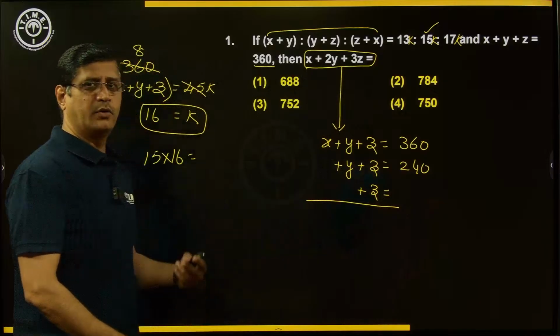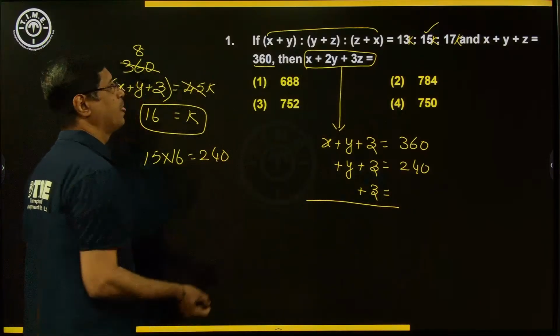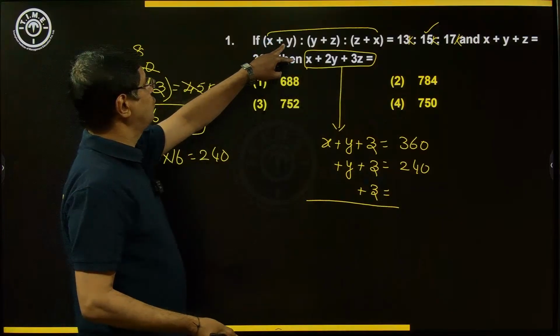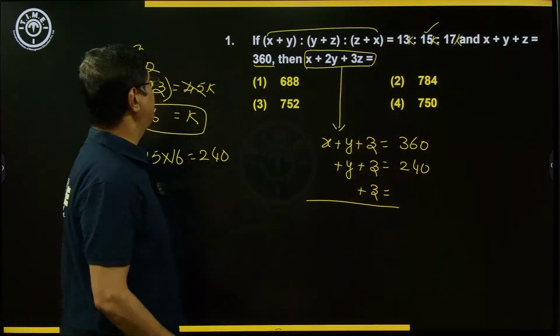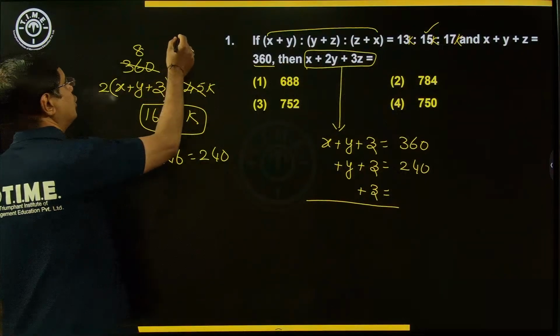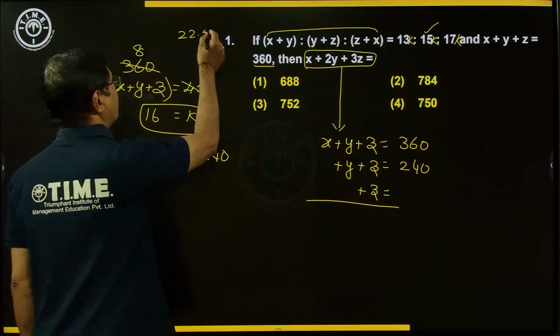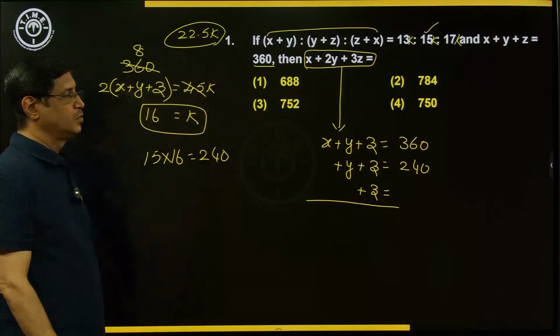Then what about the value of z? Just observe. Now, x plus y is how much? 13k. X plus y plus z is how much here? 45k by 2, that is 22.5k.